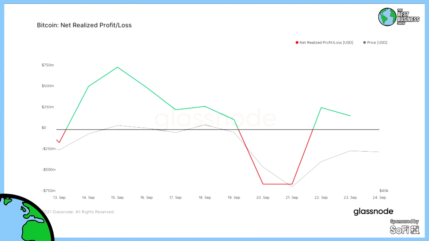And so what you get is, earlier this week, we had 2 consecutive days of $650 million of net realized losses. This is the first back-to-back pair of days that we had net realized losses since early July. So we had a significant little sell-off that the market absorbed.